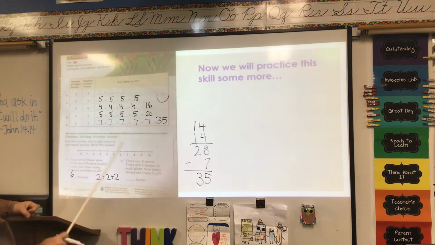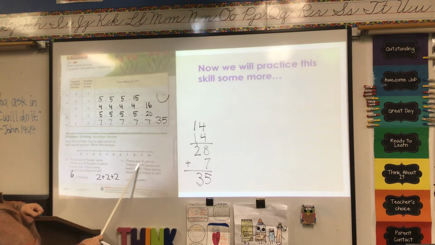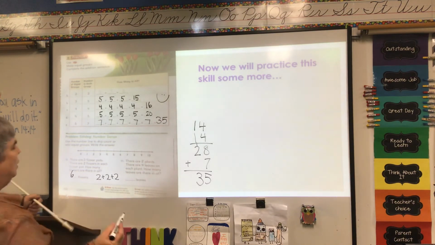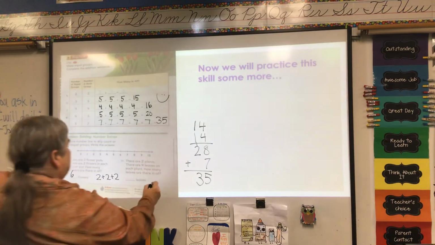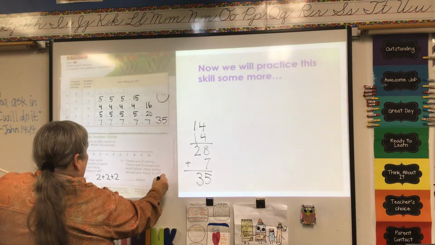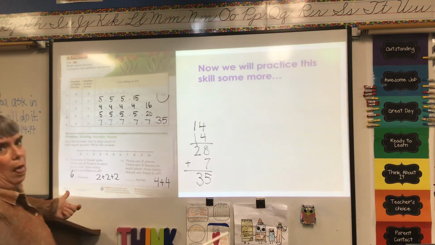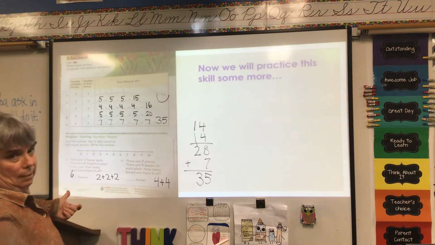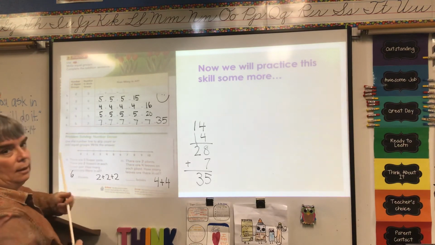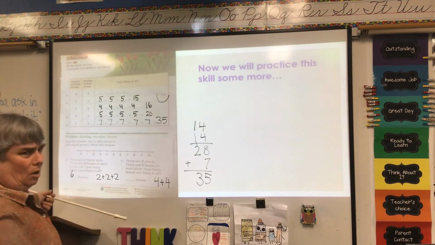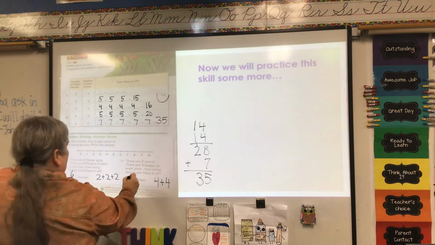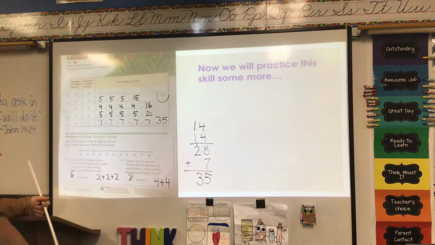Okay. Then I could say there are 2 plants. There are 4 leaves on each plant. So I can say 4 plus 4. Well, I know when I add the same number twice, that's called a double. That's not hard. 4 plus 4 is 8.